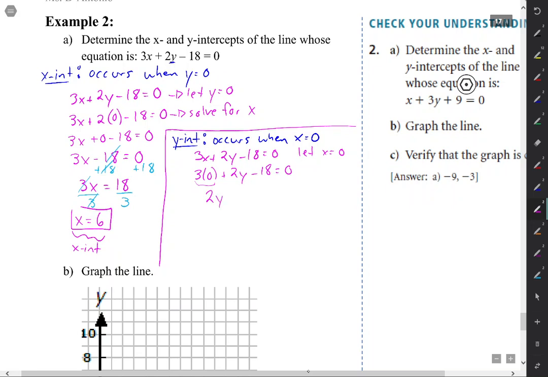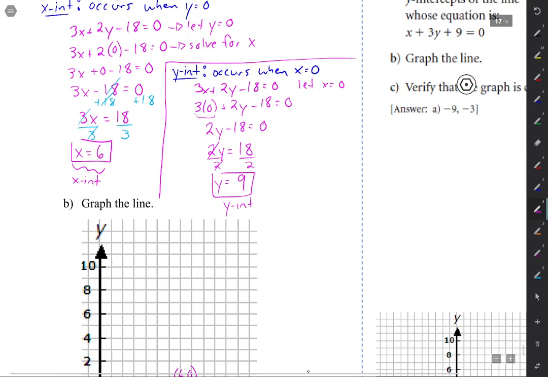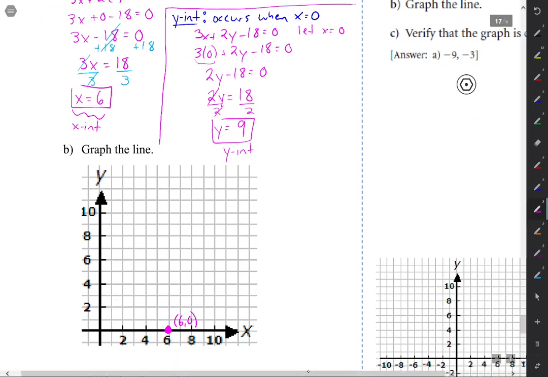We're going to be left with 2y minus 18 is equal to 0, and then we're going to add 18 to both sides of the equal sign again. So 2y is going to be equal to 18, and then we will divide by 2. So y is equal to 9. So this here is the y-intercept. So that's when y is 9. So I'm going to put that right here at 9, and the coordinate point there will be 0, 9.